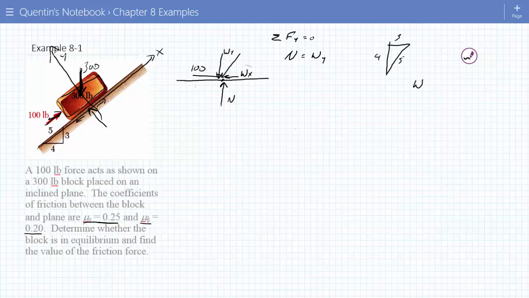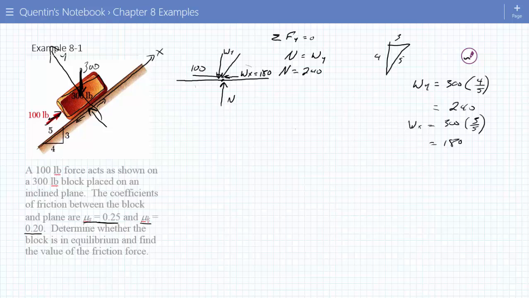So w in the y is going to be the 300 times 4/5, right, which ends up being equal to 240. And while we're at it, w in the x is going to be 300 times 3/5, which is going to be 180. Okay, so our normal force is equal to 240. Okay, so now this is equal to 180.